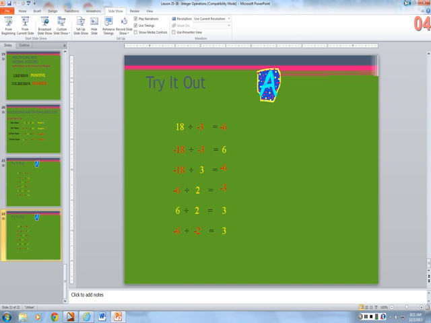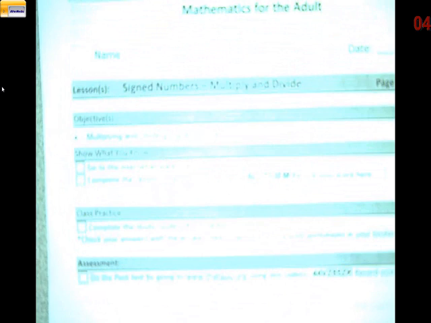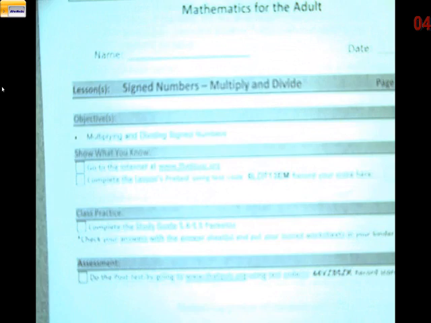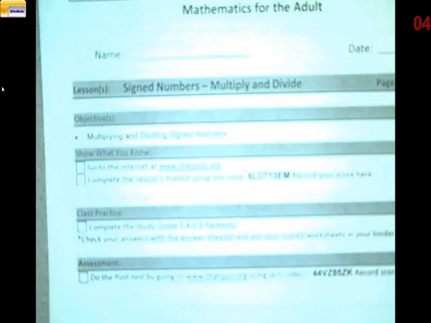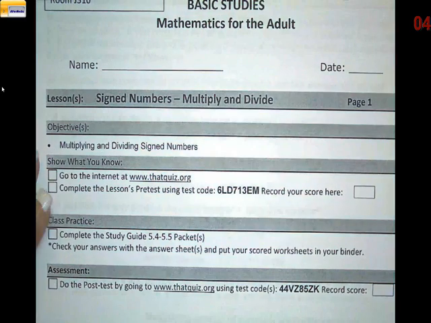Now, let's go ahead and go to our packet and do a couple of problems. So you guys have a pre-test and a post-test. Multiplying and dividing, you can have both operations.